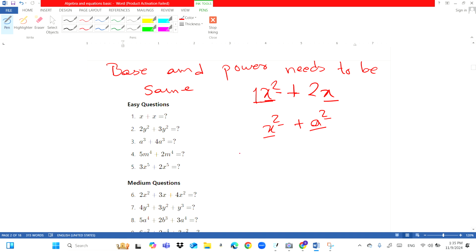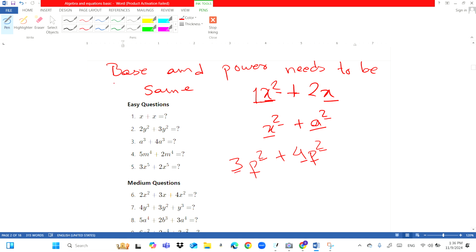Now let's look at example number 3, that is 3p square plus 4p square. In this case, the base is same. Both of them have the same base, that is p. The power is also same, that is 2 and 2, and the coefficients are 3 and 4, but we do not need to care about the coefficient.